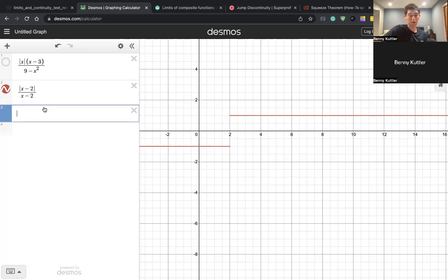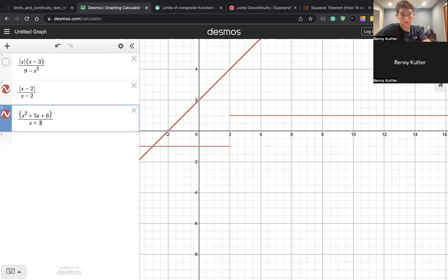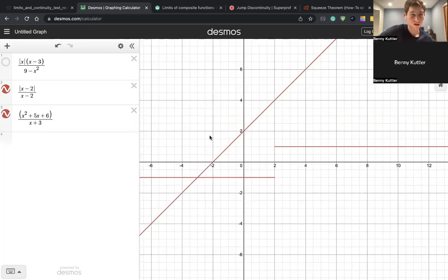So let's say we had x squared plus 5x plus 6 over x plus 3. If we look at this function, everything seems to be okay.